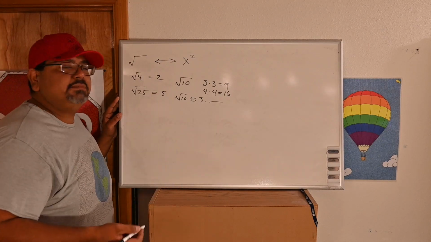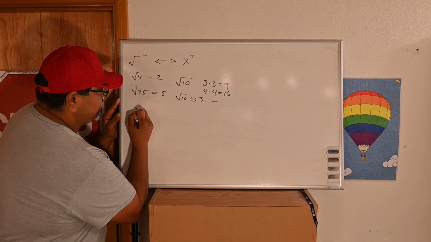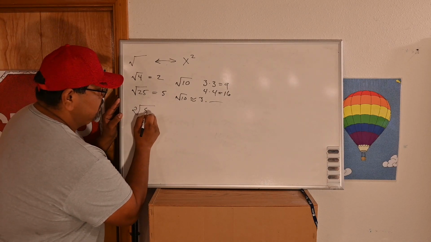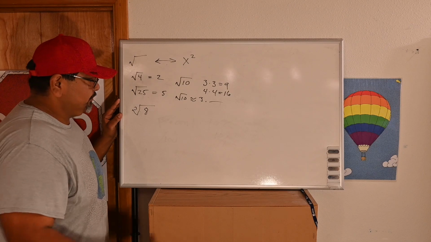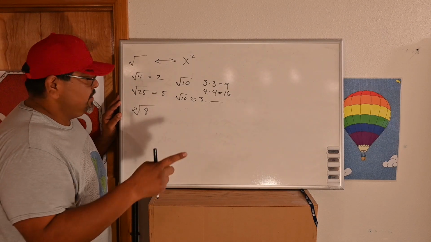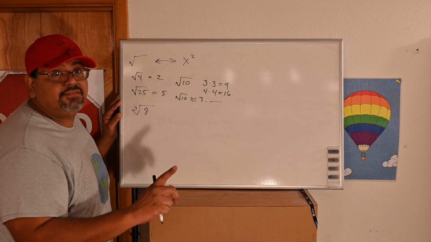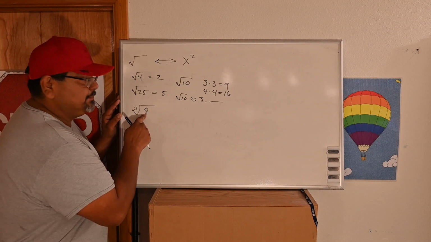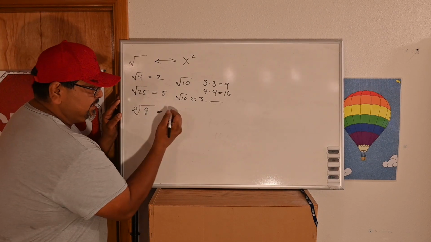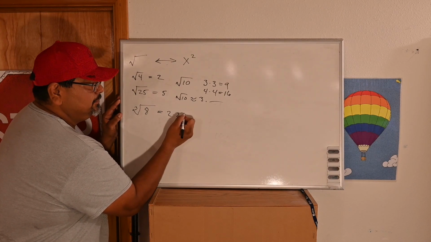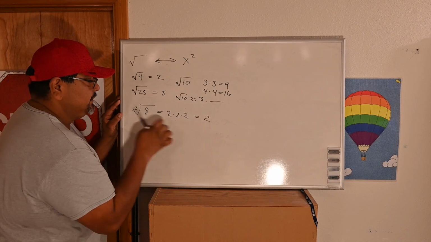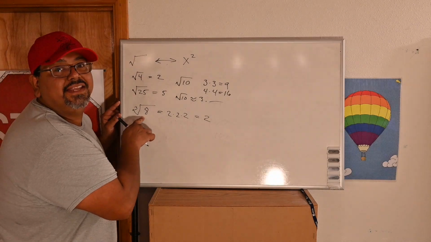Now the weird thing is sometimes I used to see a little number in there. So I used to see like a 3 outside that square root. So at this point what we're doing is we're looking for a number that multiplied by itself 3 times gets you this particular number. So the cubed root of 8 is going to be 2 times 2 times 2. 2 times 2 is 4. 4 times 2 is 8. 2 is going to be the cubed root of 8.